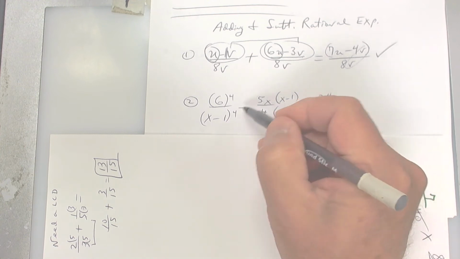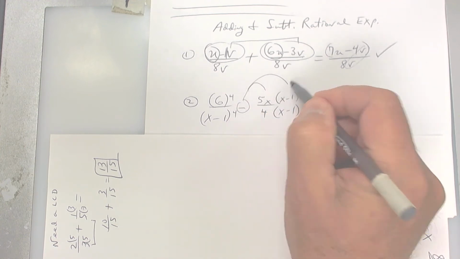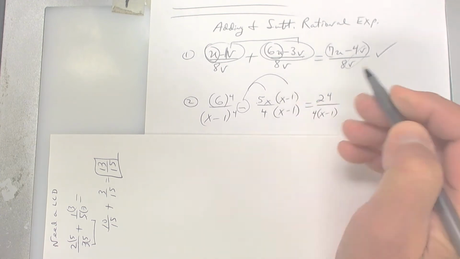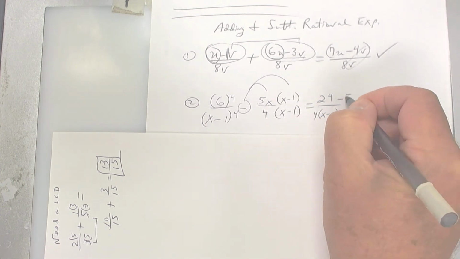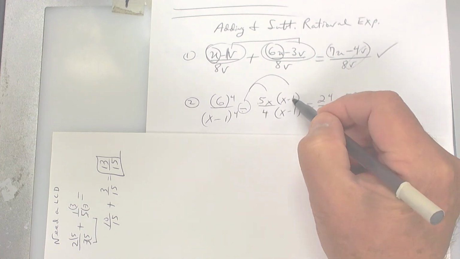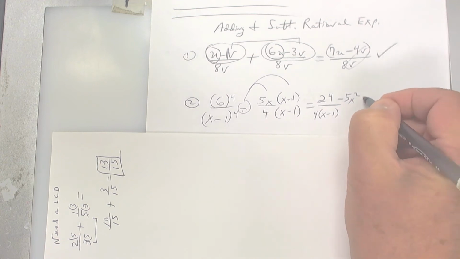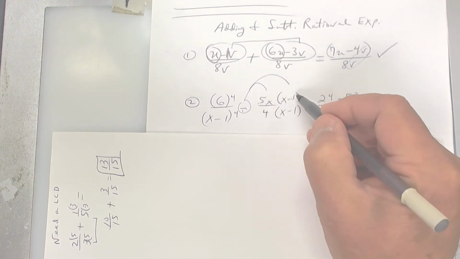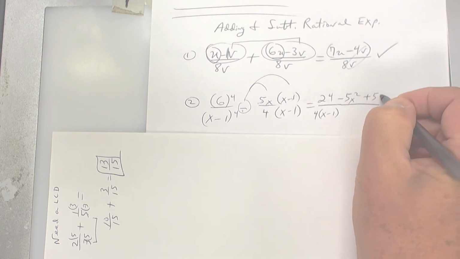Now this negative sign you're going to have to distribute, okay? So negative 5x times x is going to be a negative 5x squared, and a negative 5x times a negative 1, a negative times a negative is going to be a positive, and then 5x times 1 is 5x.